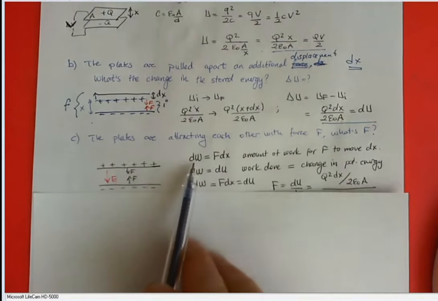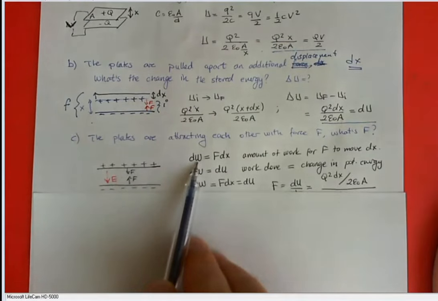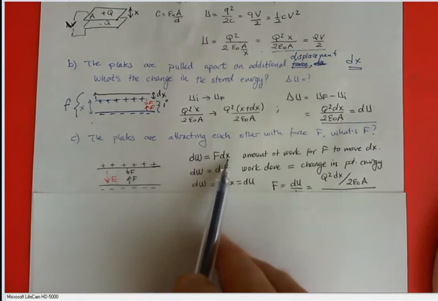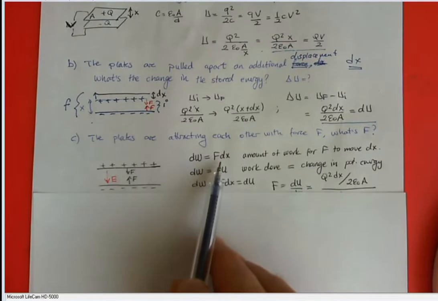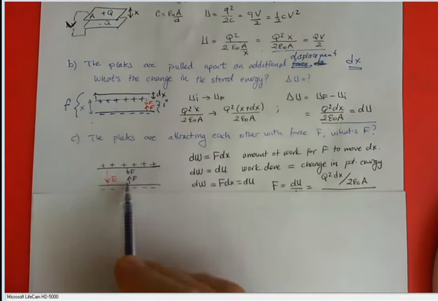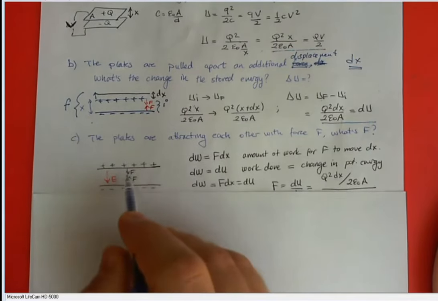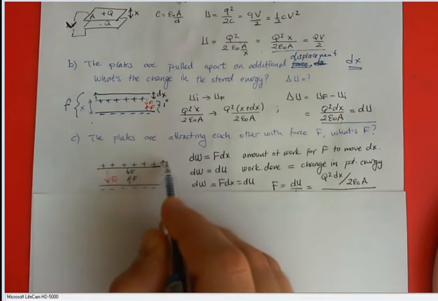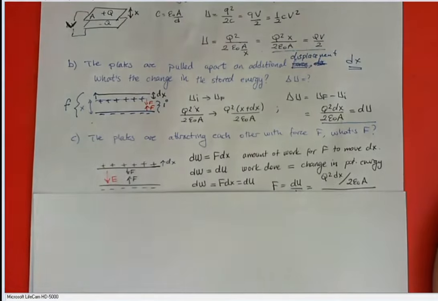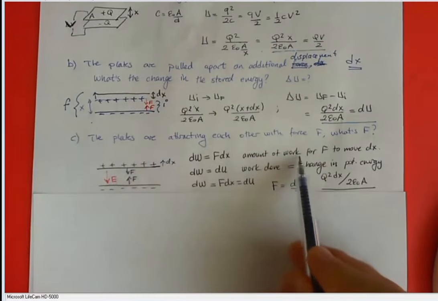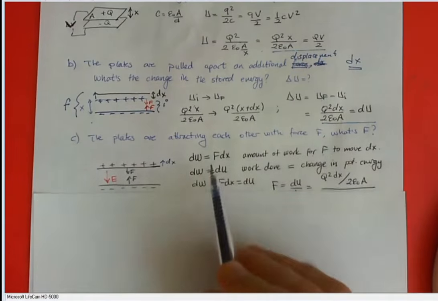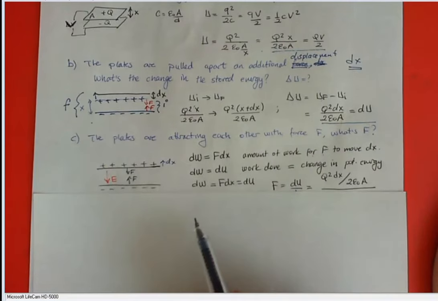So remember, this was the work done by the force over a distance dx. Even if you have that force, you are moving the x distance like this. So the amount of work for F to move dx is given in this formula.